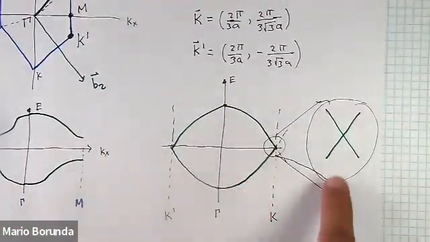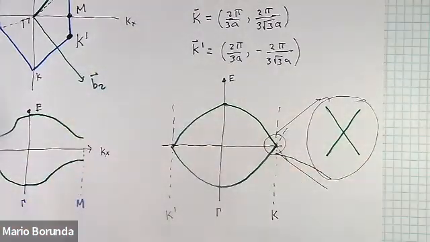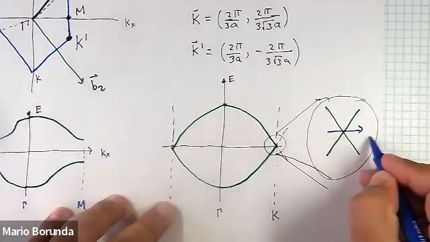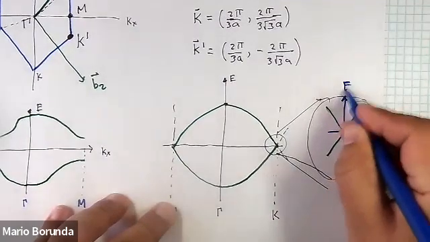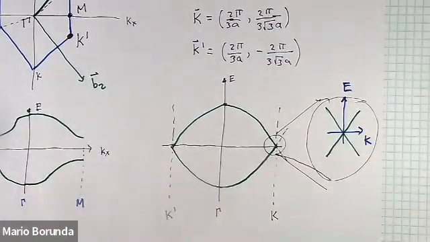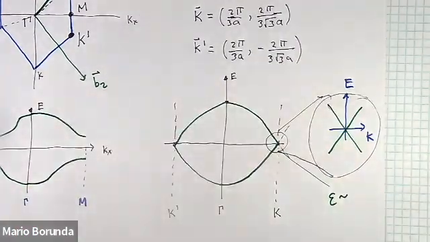Now let's come over here. This is the direction in momentum, in wave vector. This is the direction of energy. So what does my energy look like as a function of momentum? If I were to ask you, what does the energy look like as a function of momentum?